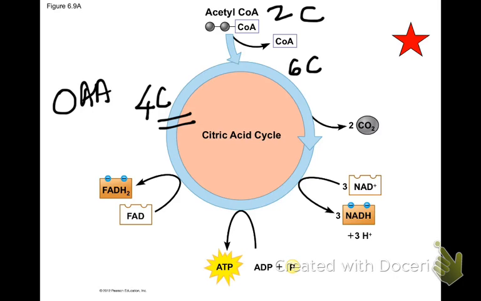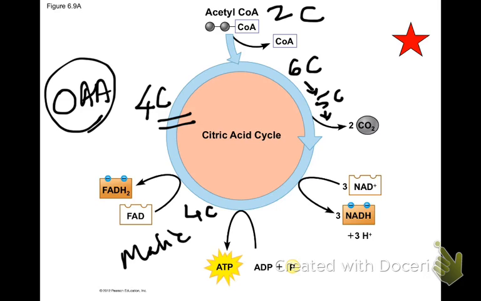It releases 1 carbon dioxide and becomes a 5-carbon molecule. It releases another carbon dioxide and becomes a 4-carbon molecule. And that is something called malic acid. Okay. Now again, this can restructure itself back to give me oxaloacetic acid, which is ready to take the next acetyl coenzyme A and start the whole cycle one more time.